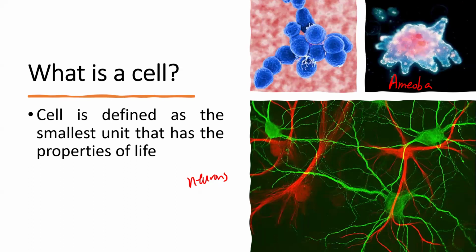If you go any further into the cell, if we take an organelle, for example, then the organelle is no longer alive because it doesn't have all those properties. So this is as small as you can go, and you can still define it as a living thing. Of course, we are all made up of cells.